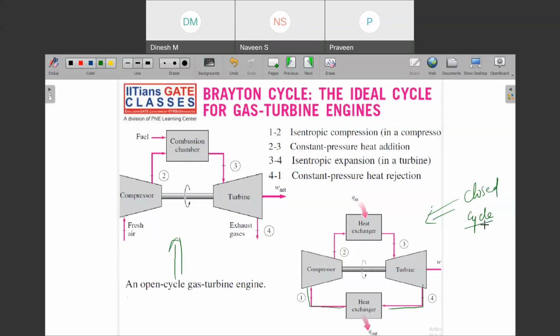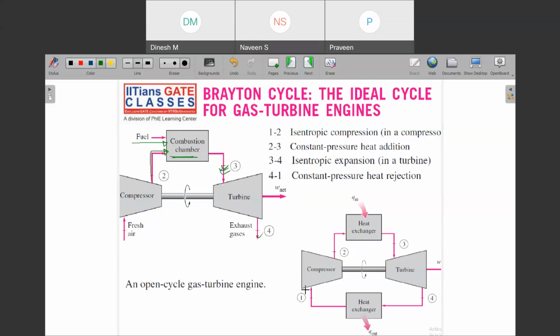One more important thing is that here we have a combustion chamber. So here you are adding fuel directly to the compressed gas: the gas is compressed and comes into the combustion chamber, then it is mixed and burned, expanded in the turbine and then left outside.